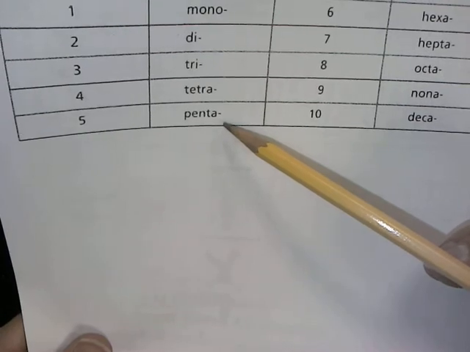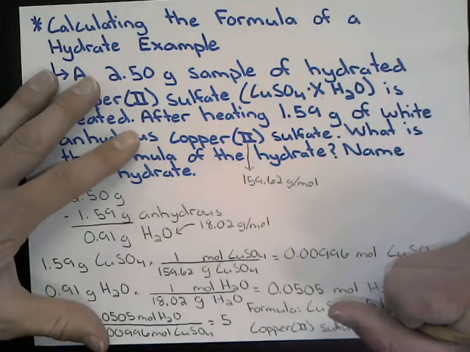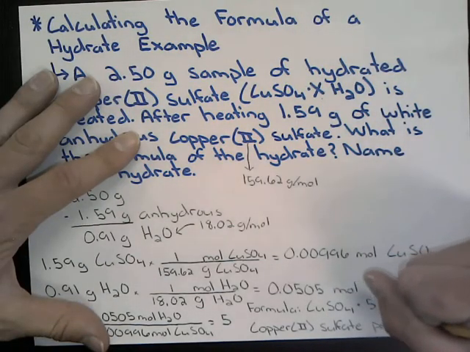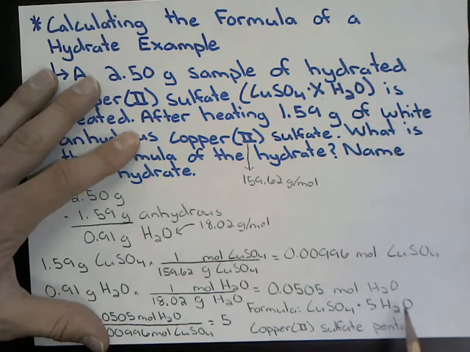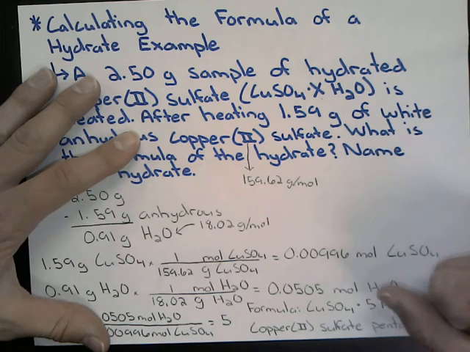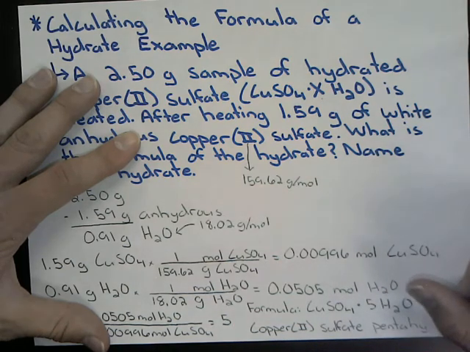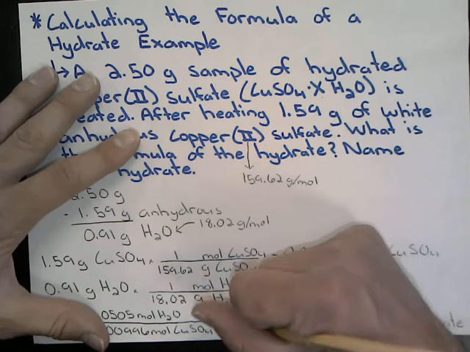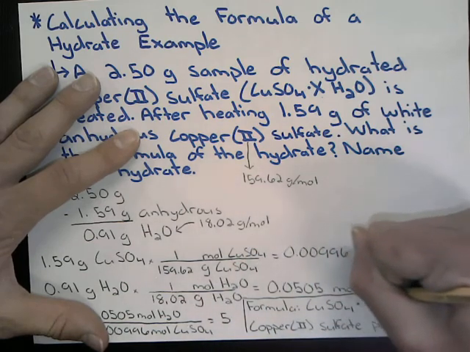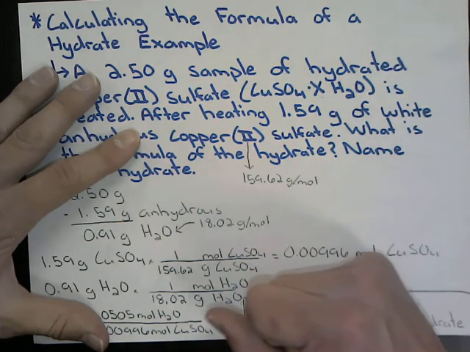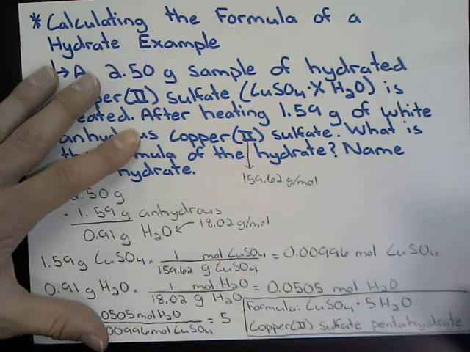So we put penta, and then we put the name that we call water in this scenario here, which is hydrate. So CuSO4·5H2O is known as copper 2 sulfate pentahydrate. Okay, and so that becomes our answer.